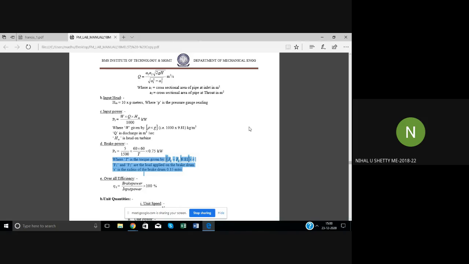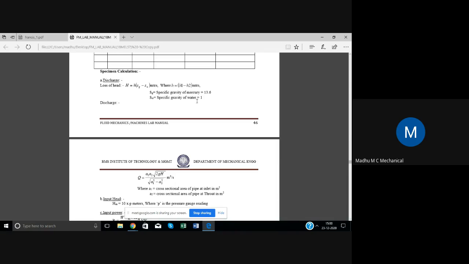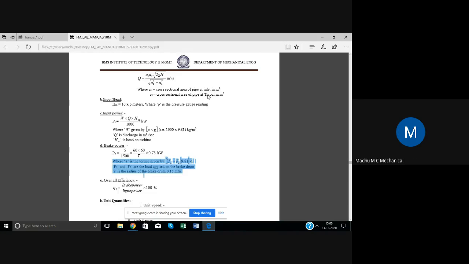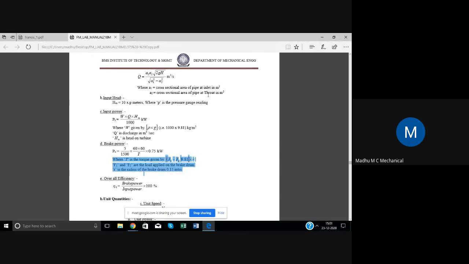Then A2 is 3.14 divided by 4 into, this is 12.5 mm, so 0.0125. So 1.2 into 10 power minus 4 is A2, correct? Yes, sir. Okay. Next, H is how much? Capital H, 12.6. So multiply that, divided by root of A1 square minus A2 square.